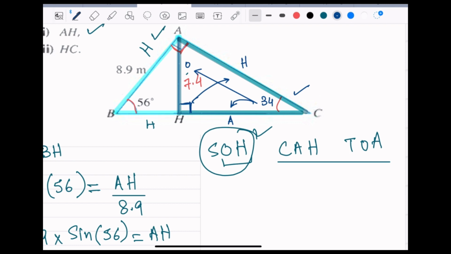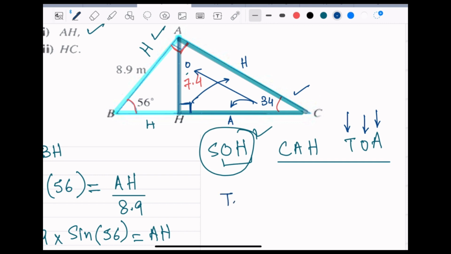I do not need the hypotenuse, so I have to apply a ratio from these three in order to find the adjacent, and I have the opposite. Can you see that the angle will be catered by tan, opposite I have, and adjacent I have to find.